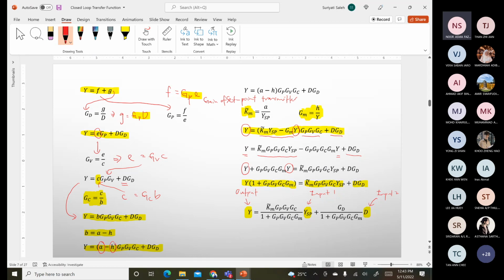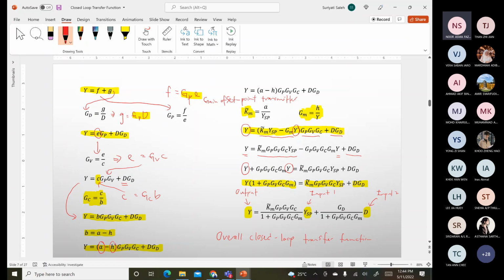So this is what we call the overall closed loop transfer function. How to use it? We will discuss it later. This one is just how we develop the overall equation for the block diagram.